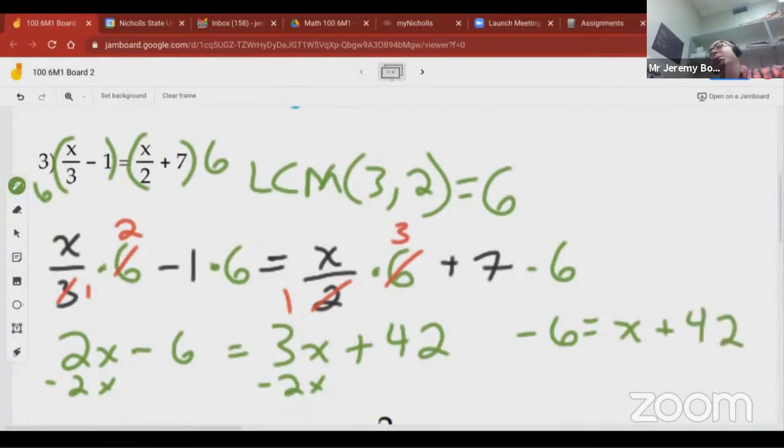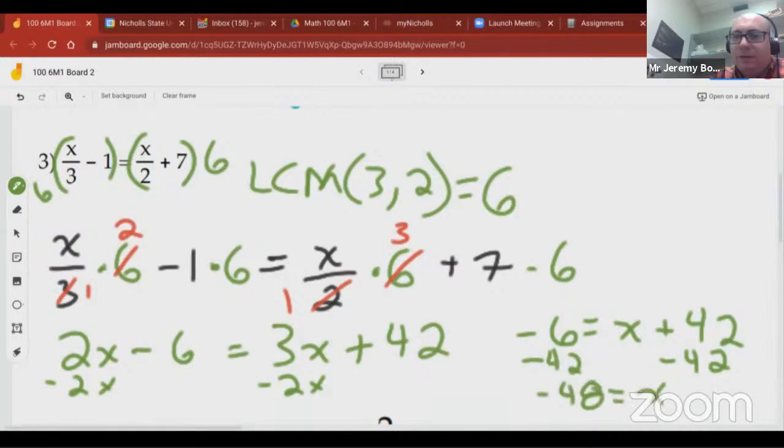If you wanted to move the 3x, you could have. If you wanted to move the 6 or the 42, all of those are viable options. Remember, the goal in mind is to get all your variables on one side, all your constants on the other. So my next step here is going to be subtract 42. So I'm going to end up with negative 48 is equal to x. And so my solution set is the set containing negative 48.